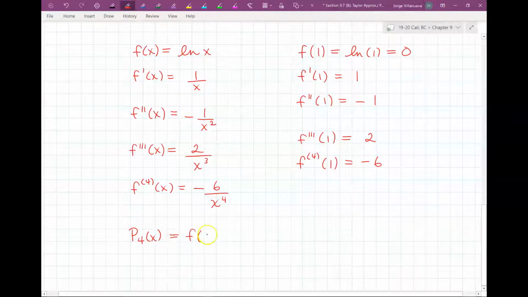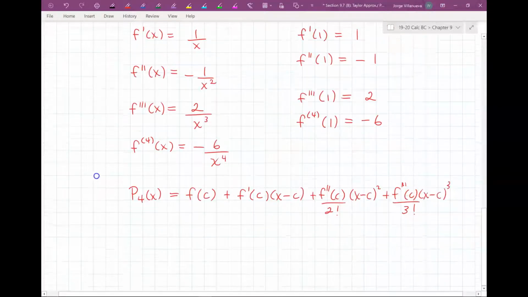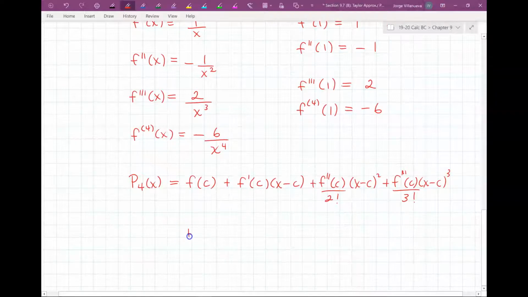Now this would be my 0th degree, okay? That's the 0th degree. And then when I put this one in, this is my first degree, second degree, third degree, I'll put the fourth degree on the bottom.